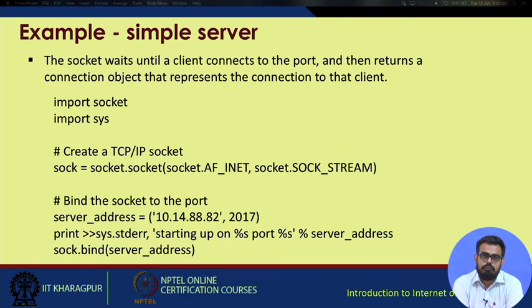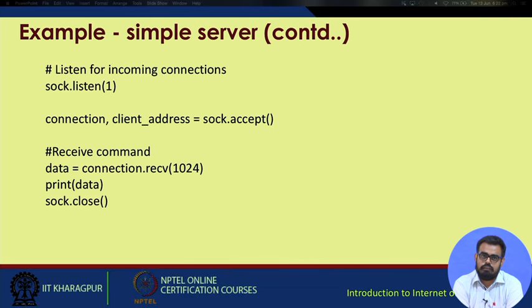So we have created a TCP/IP socket. We give the server address as a particular IP address, then a particular port to which the client will bind, and some print statements, and eventually the main function sock.bind with the server address, so that it will be listening for connections.